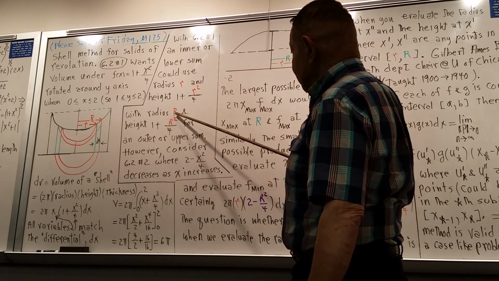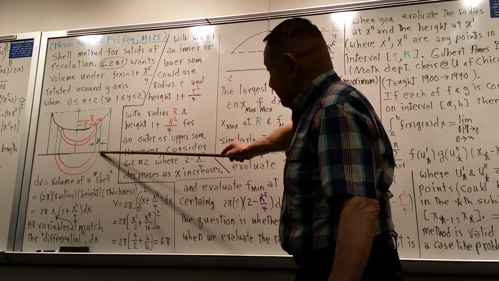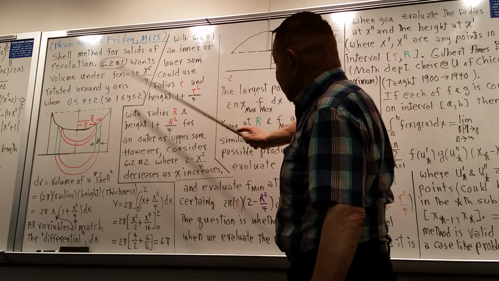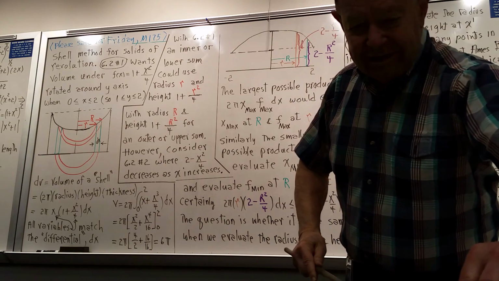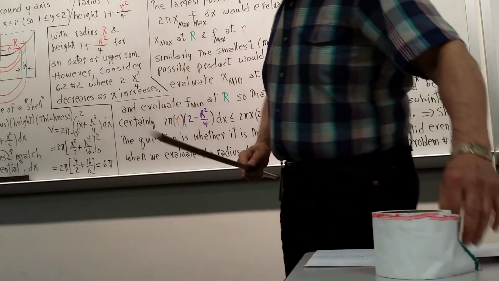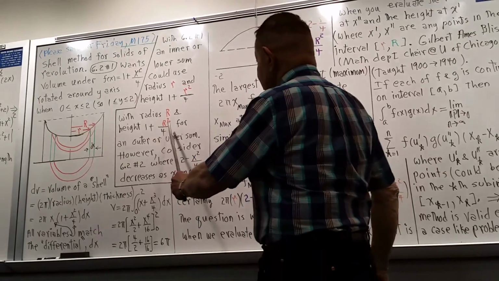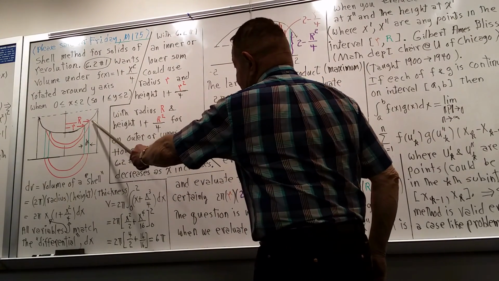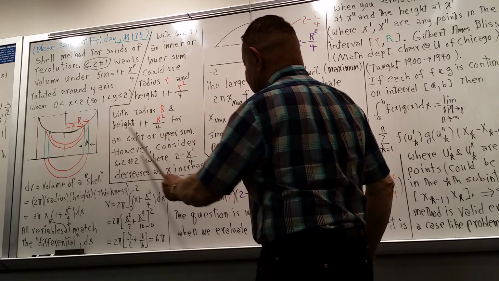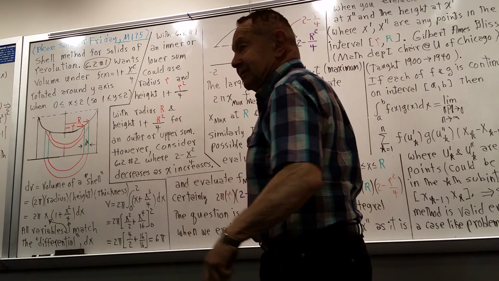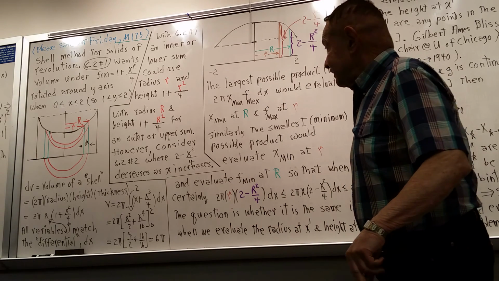And in the same way, we could have an outer radius for this particular shell. In other words, the other side of the sheet of paper here, and use that radius to get your height, which would be a little greater than this height. And so that would certainly be an upper sum.